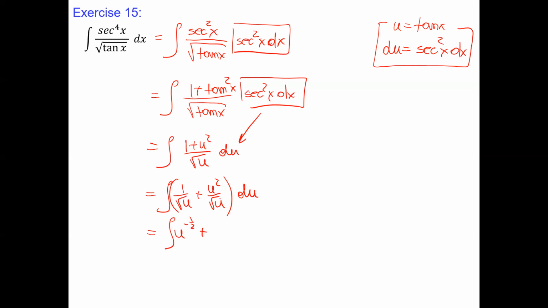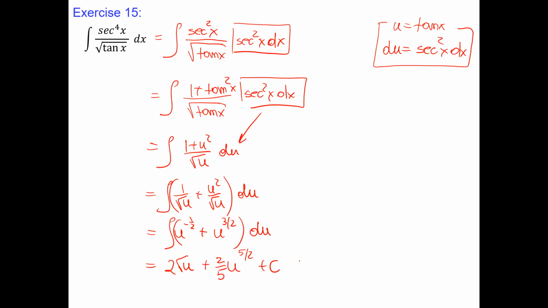This one will be 2 minus half, 3 halves. Okay, integral of u to the negative half is u to the power of 1/2 over 1/2. U to the power of 3 halves, the integral is u to the power of 5 halves over 5 halves. Dividing by 5 halves is multiplying by the reciprocal.